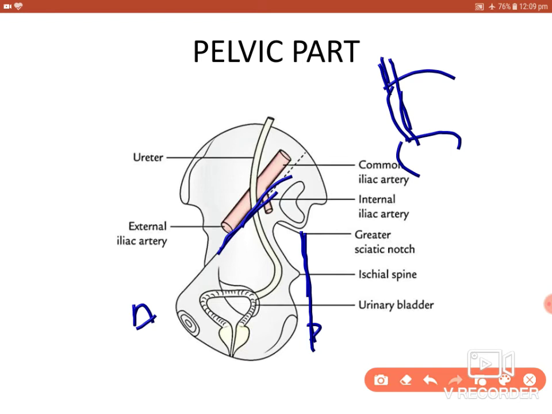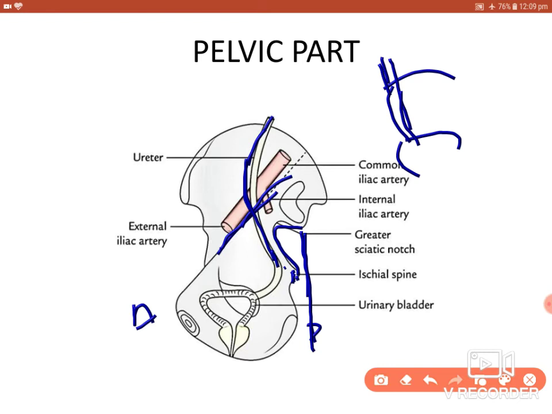In the pelvis it runs downwards, then backwards and laterally along the lateral pelvic wall, then reaches the level of the ischial spine. This is the ischial spine, and anterior to this is the greater sciatic notch. At the level of the ischial spine, it changes direction.